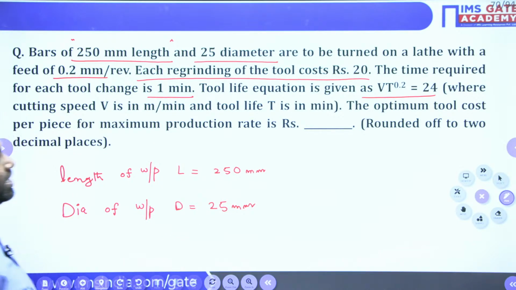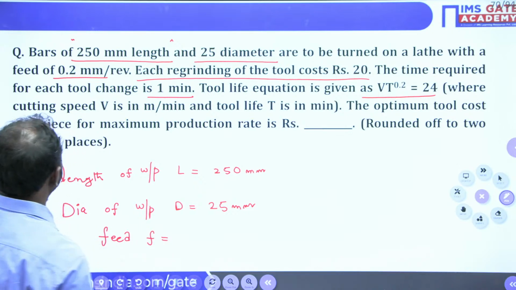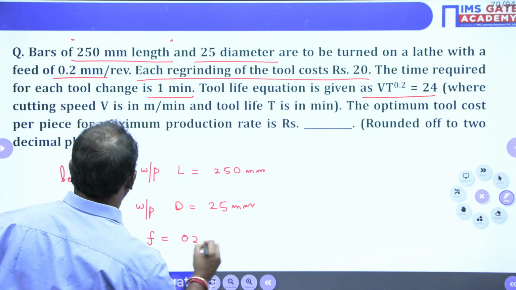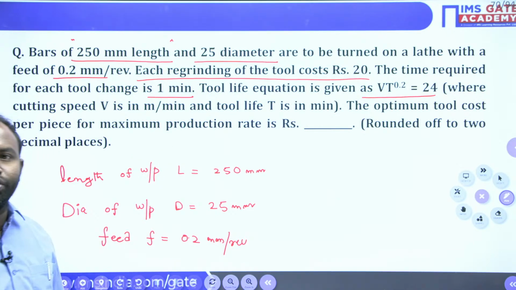Now it is turned on a lathe. Feed F is equal to 0.2 mm per revolution. Yes, guys.